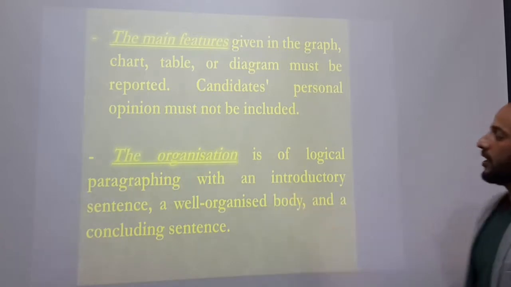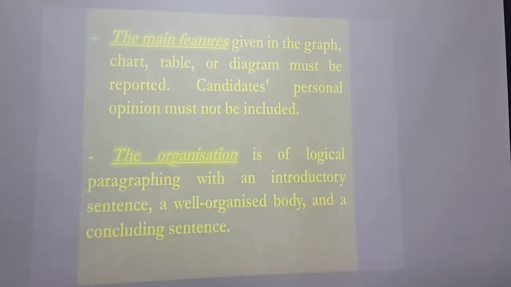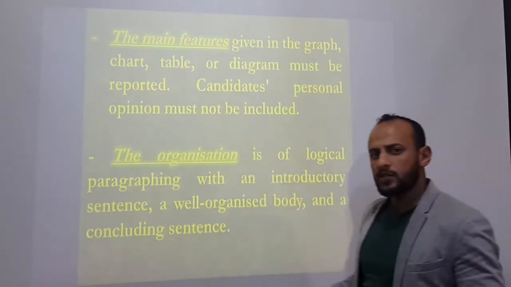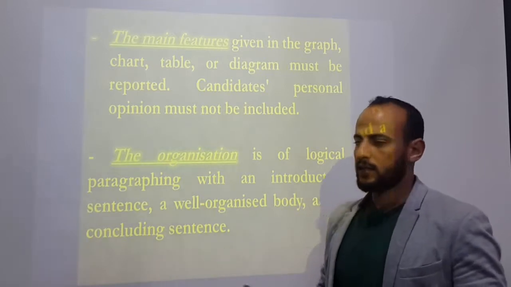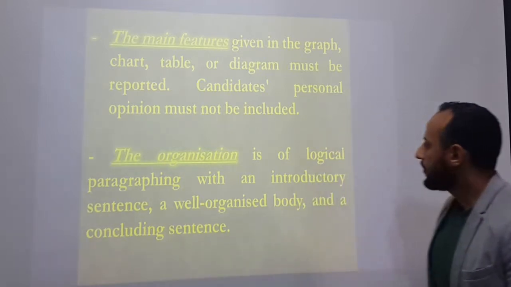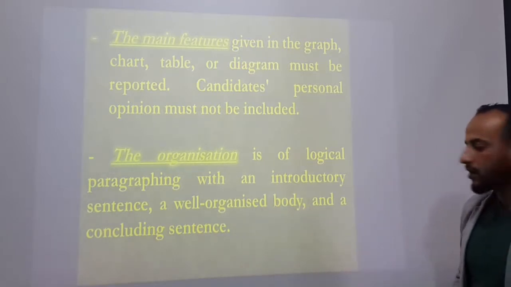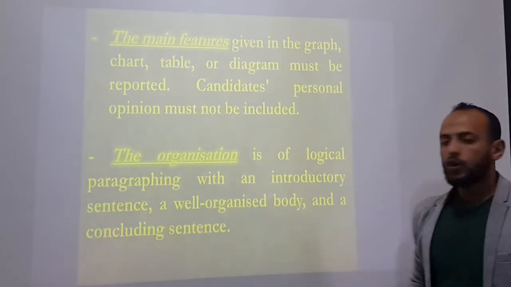And we have this point as well. The organization is of logical paragraphing with an introductory sentence, a well-organized body, and a concluding sentence. Okay, so now the structure of the paragraph, again, it's the same structure of most of the writing essays, where we have the introduction, then the body paragraphs, then the conclusion.